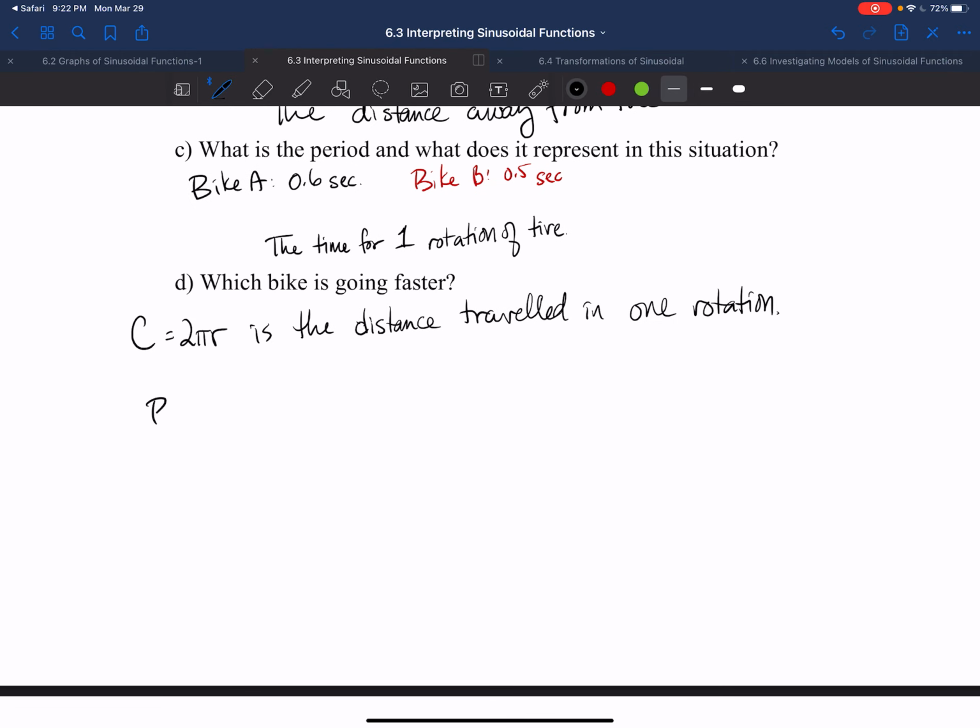So for bike A, the circumference is 2 pi, and then r is the same as the radius, so that'd be 30. So that's 60 pi, and I'm going to leave it as 60 pi.